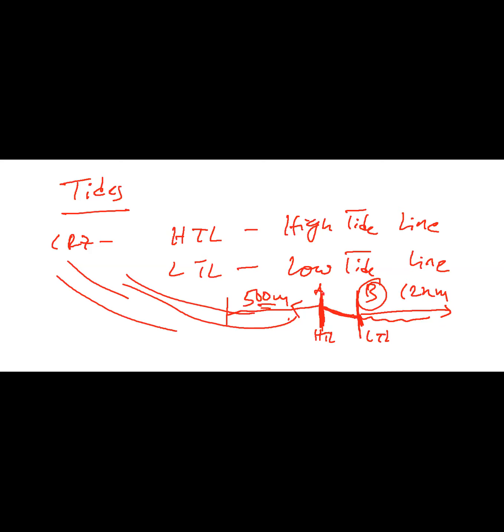From the low tide line to the next 12 nautical miles of territorial waters, this also needs to be guarded. This we discuss under coastal regulation zone 4, CRZ4. CRZ4 regulates from the low tide line towards the sea up to the 12 nautical miles line. This whole region will also be regulated from an environmental point of view.